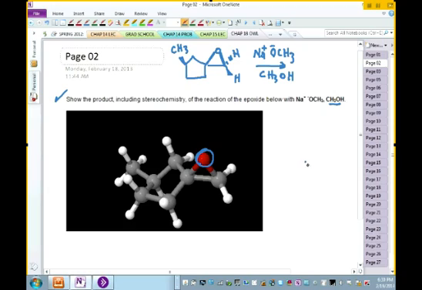Now what you're going to find is that the epoxide is a very reactive species. So you have CH2 here, you have CH2 here. Anytime you have a nucleophile, let us just use any kind of nucleophile, this nucleophile could attack that carbon, because the epoxide is such a strained molecule.